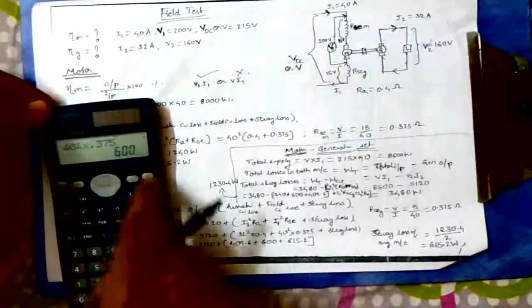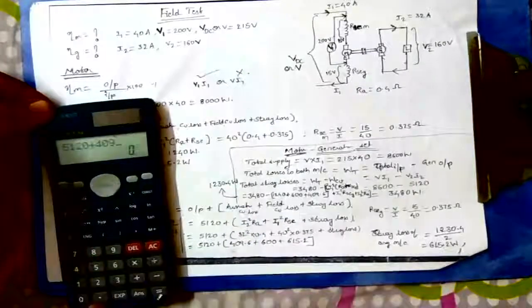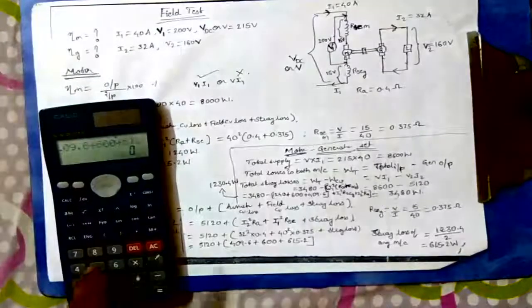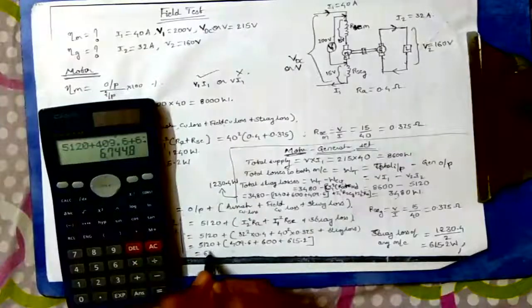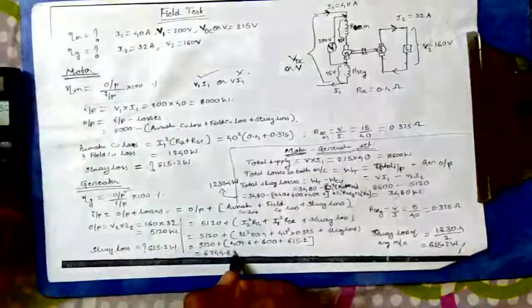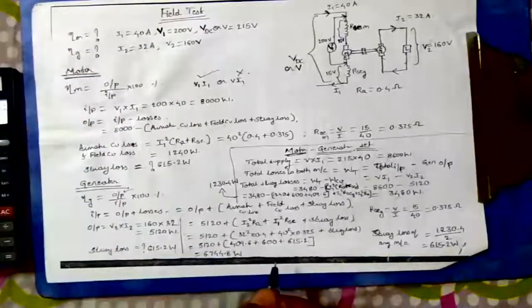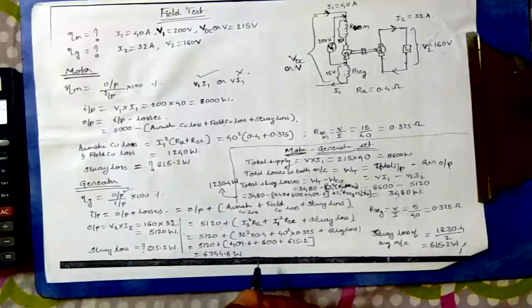If I add all this, 5120 plus 409.6 plus 600 plus 615.2, it would be 6744.8 watts. That is the total input of the generator.